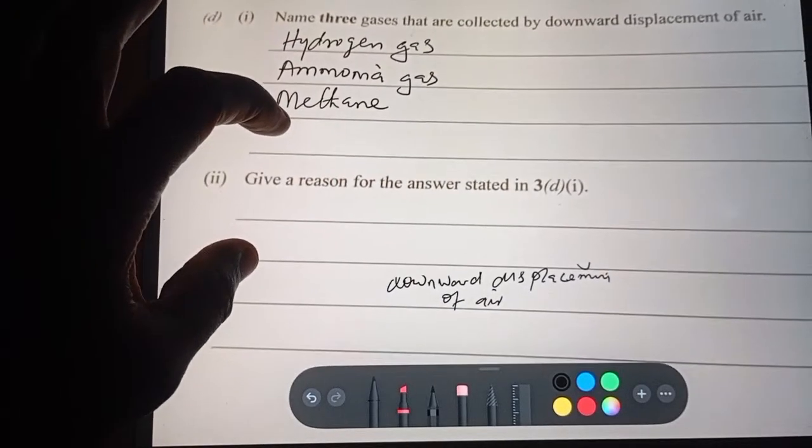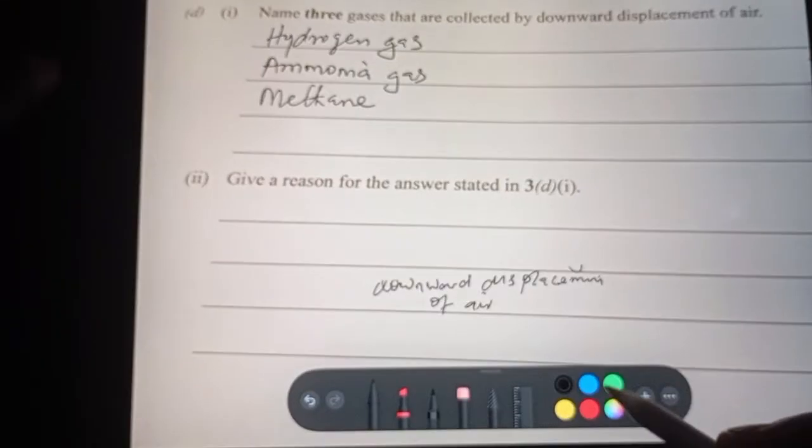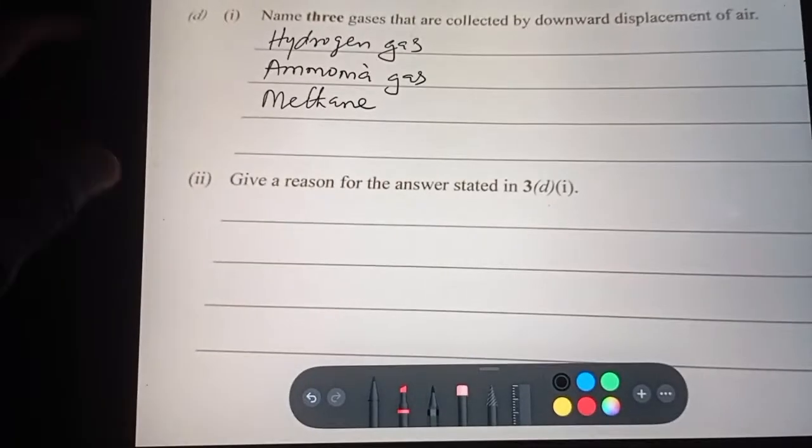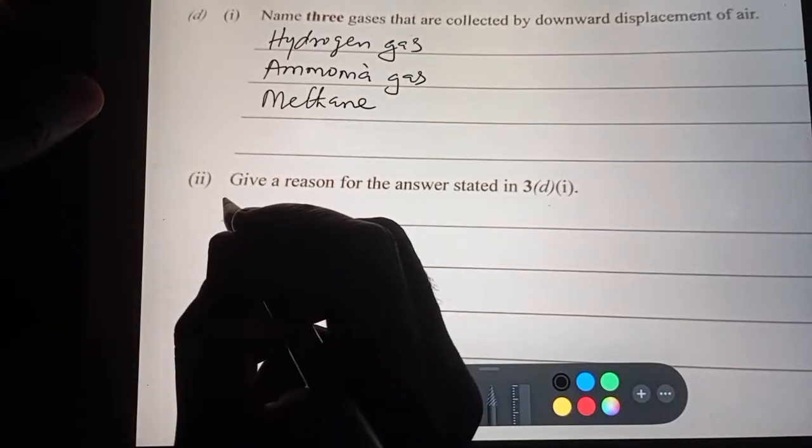Give a reason for the answer stated in 3DI. I think I've answered that. Can you give us a reason? What's my reason? Because the gases are lighter than air.